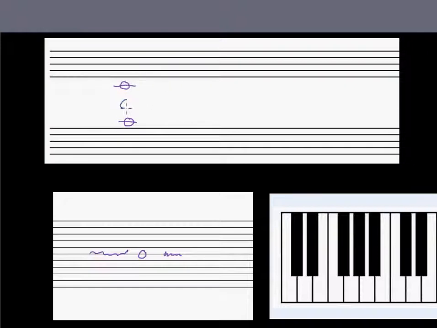This is C. I just want to erase this really quickly and do it over here, which might make a little more sense. Okay, here's middle C. Same note, middle C.